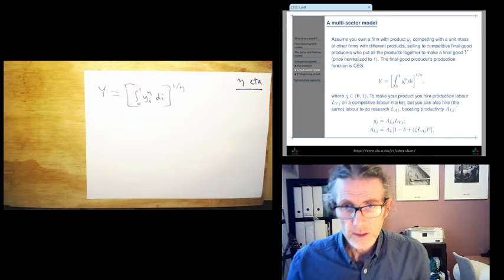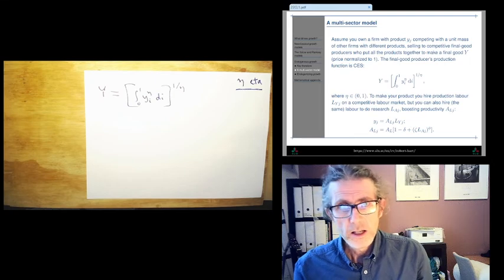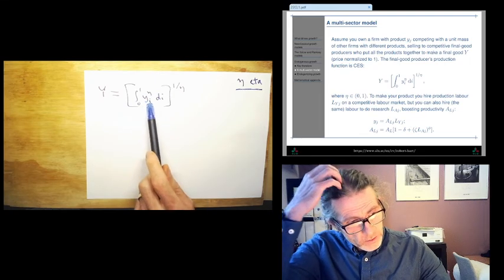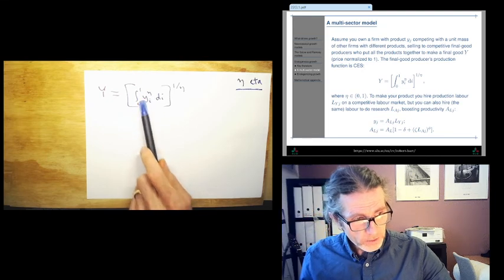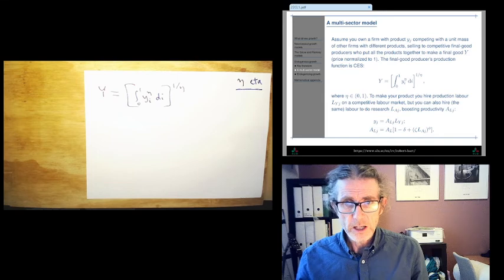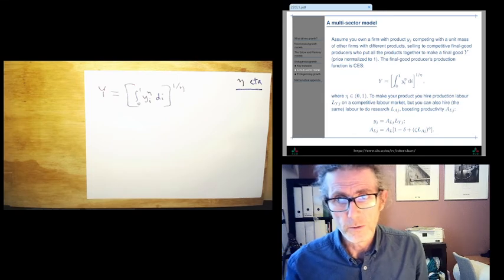So this is a CES function, right? And eta here is between 0 and 1, which basically means that these inputs are good but not amazing substitutes. They're quite substitutable for each other, but not perfectly substitutable.